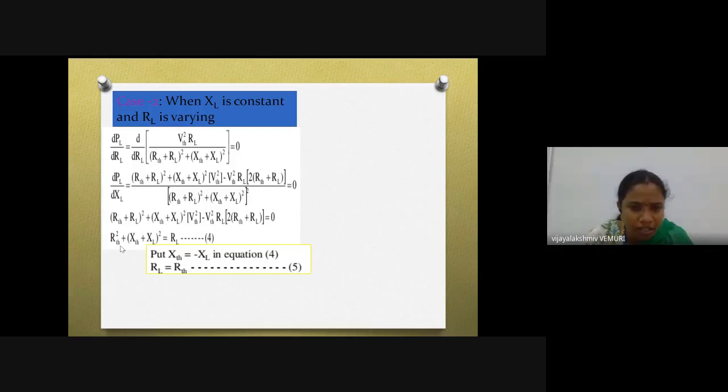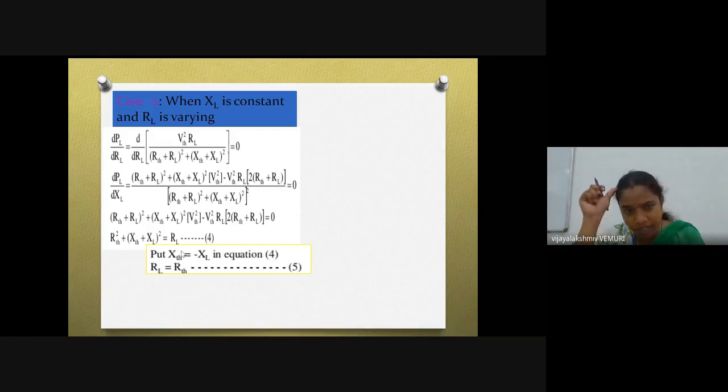I think this is RL. Is that equation right, ma'am? Because you don't have a square here for RL.